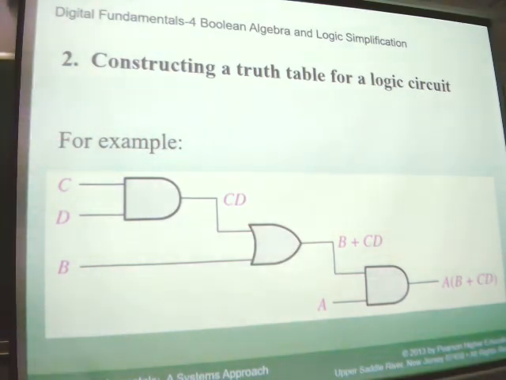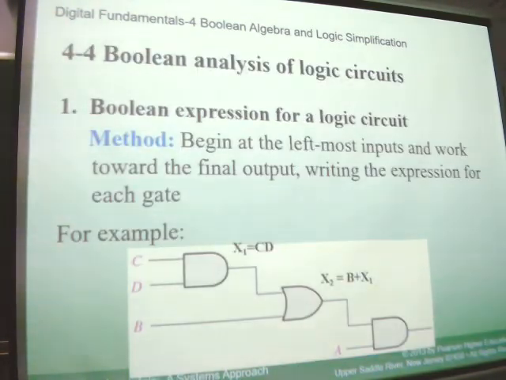So if we want to do Boolean analysis of a logic circuit, that means we can get the Boolean expression for the logic circuit or construct the truth table for the logic circuit.